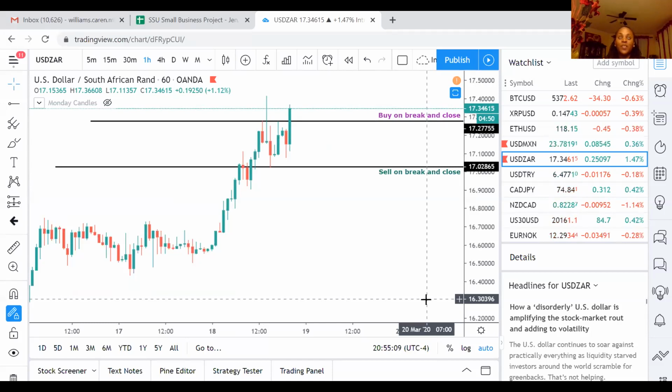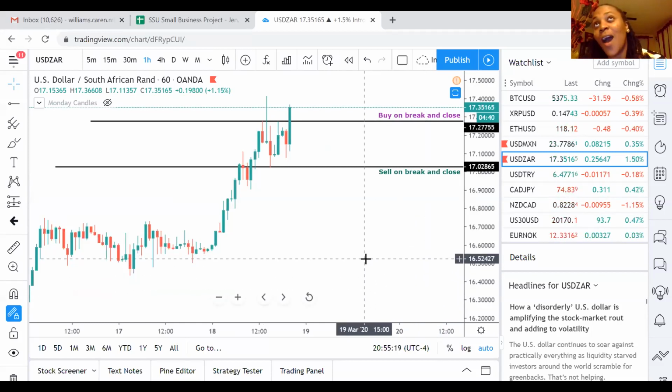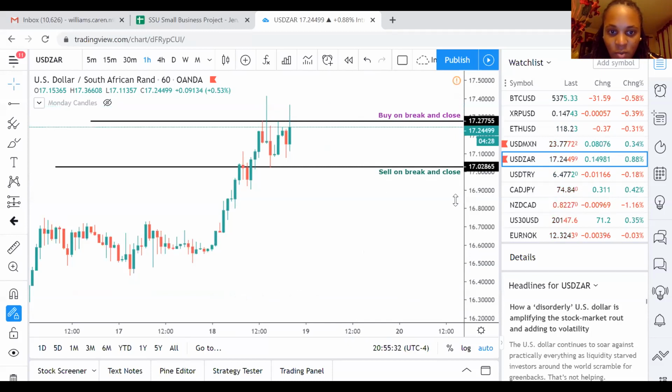ZAR literally moved this morning around 6 o'clock. Davion, what time did ZAR move? I remember I saw at 5 o'clock it was breaking. Around 6, so Davion said around 6 o'clock ZAR had its breakout.